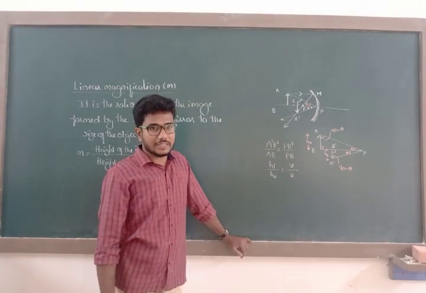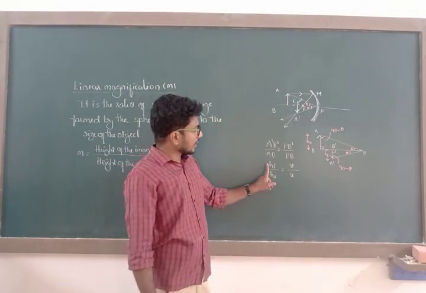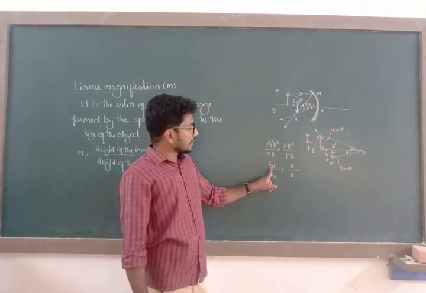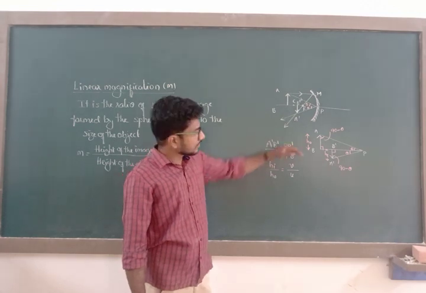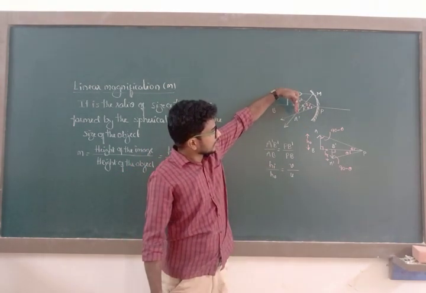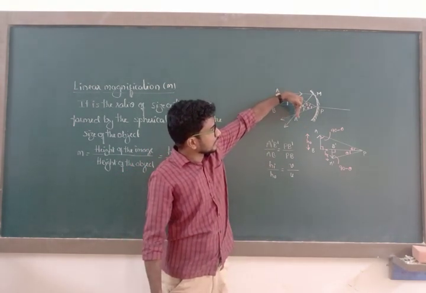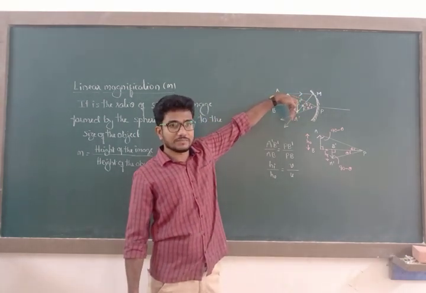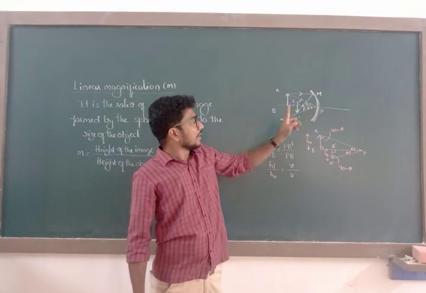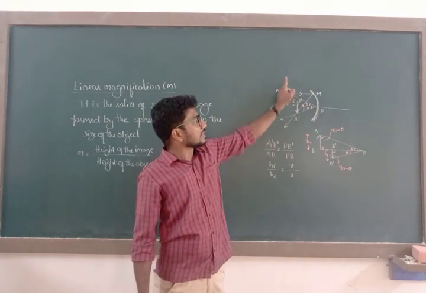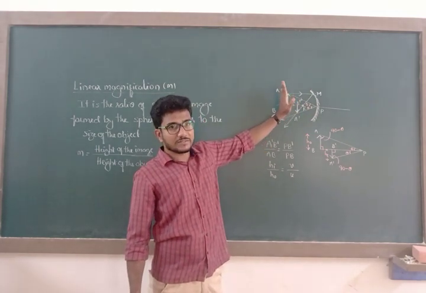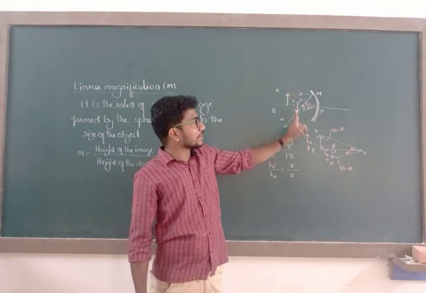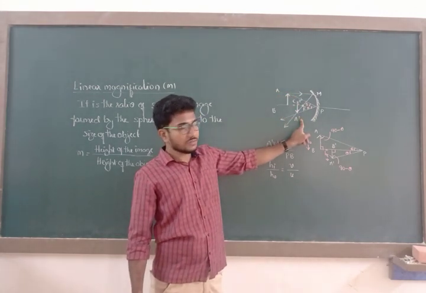Using Cartesian sign convention, h subscript I, that is height of the image, is a downward distance measured perpendicular to the principal axis. Downward distances measured perpendicular to the principal axis are taken as negative.